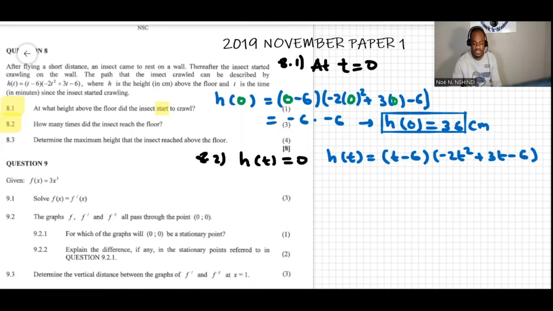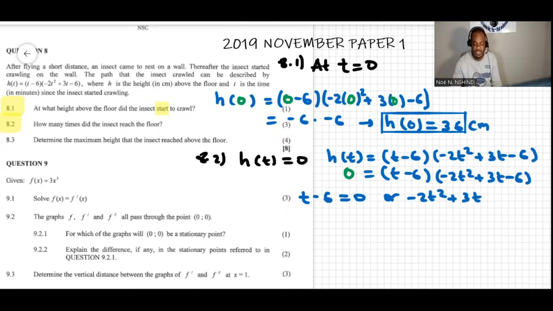So 0 equals t minus 6 times negative 2t squared plus 3t minus 6. So t minus 6 equals 0, or negative 2t squared plus 3t minus 6 equals 0. This is possible if t equals 6.